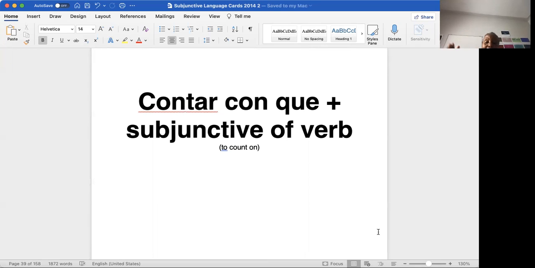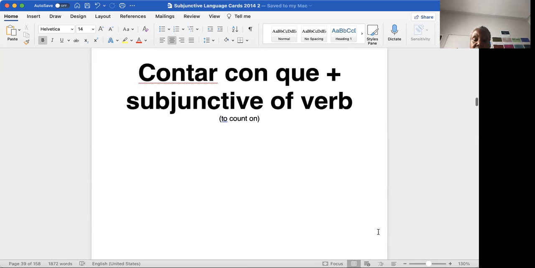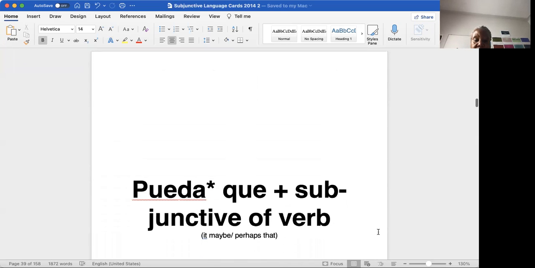Contar means to count. It means it idiomatically or metaphorically, like we do in English, to count on someone. And it also means contar uno, dos, tres, cuatro, cinco, seis, siete, ocho, nueve, diez. Okay, it means both, just like in English.